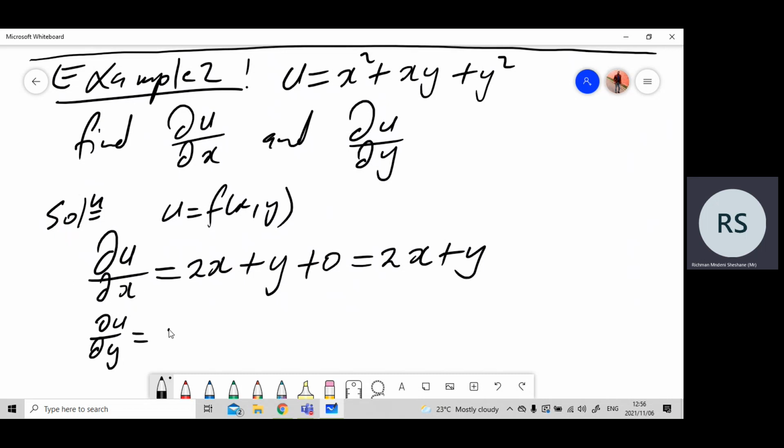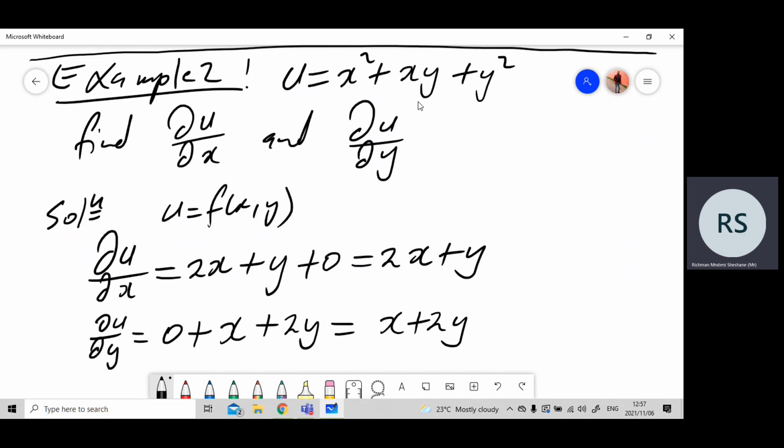So it's going to be 0 plus the derivative of the second term. Remember, you're deriving y now. So go straight and deriving y. So here is going to be x. And then the third term is going to be 2y because we're deriving y. So the answer is just x plus 2y.